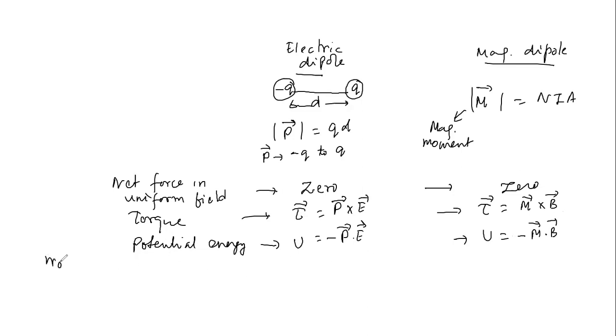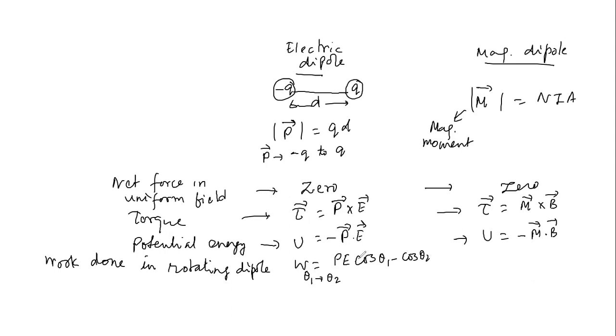Now work done in rotating a dipole. Let the rotation be from angle θ1 to angle θ2. Then we write it as PE (cos θ1 minus cos θ2).